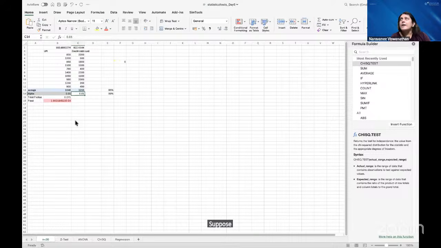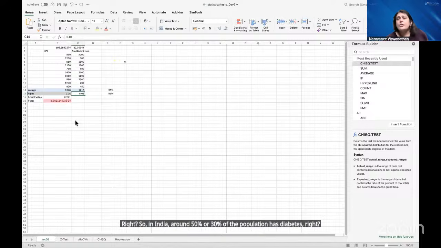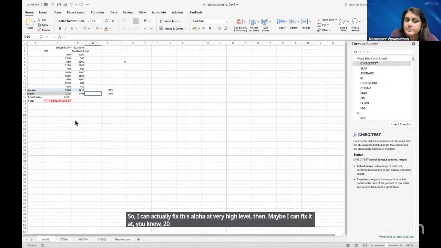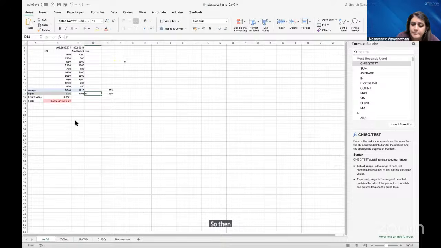Suppose I am checking for diabetic drugs, right? So in India, around 50% or 30% of the population has diabetes, right? So I can actually fix this alpha at a very high level then. Maybe I can fix it at 20% or 30% also. So then I will compare it with 0.3. Suppose this is for diabetes, okay?